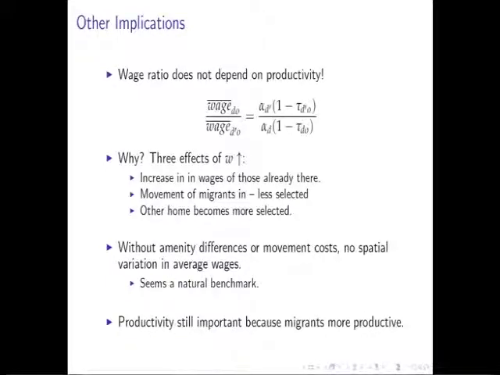Some facts about this which may be interesting to urban economists, I don't know, is the following. If there are no differences between two locations in their amenities and no movement costs between the two, then regardless of the productivity differences, these W_D differences, there will be no wage gap.